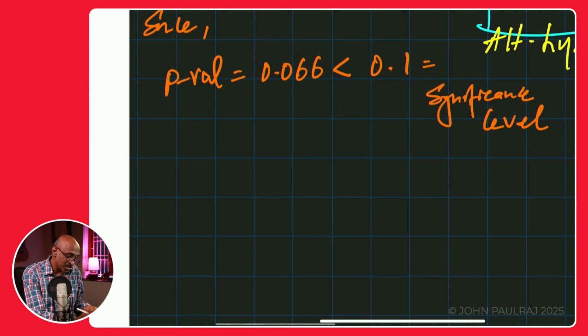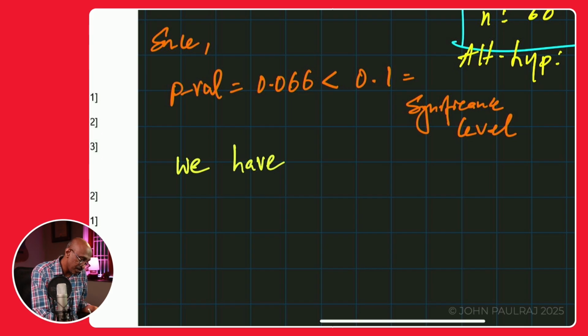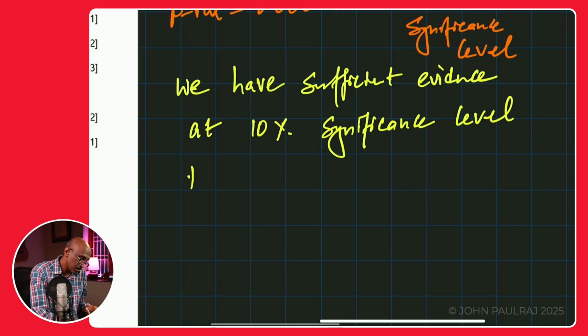So since it's less than 0.1, then you make the conclusion, and you say we have sufficient evidence at 10% significance level to reject H naught, the null hypothesis.